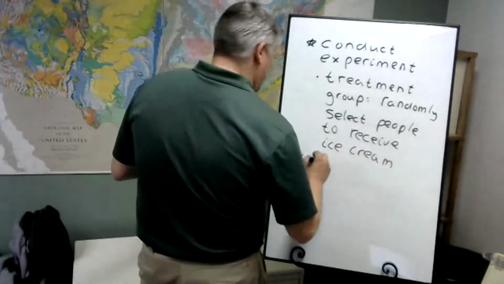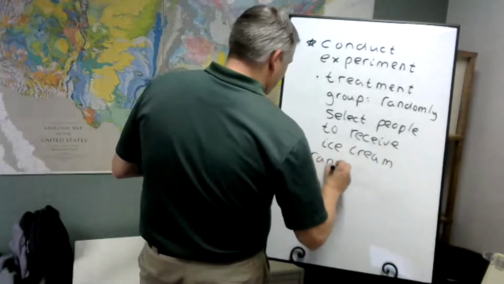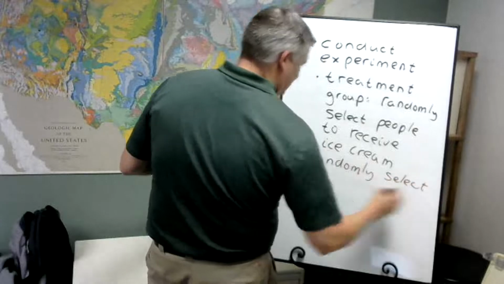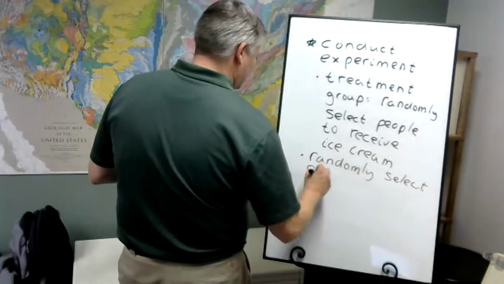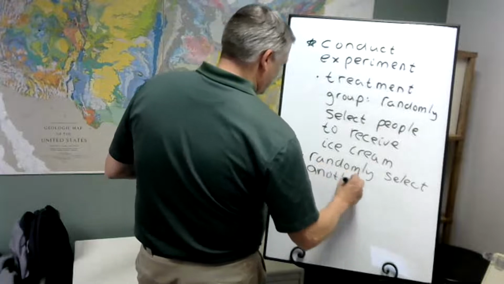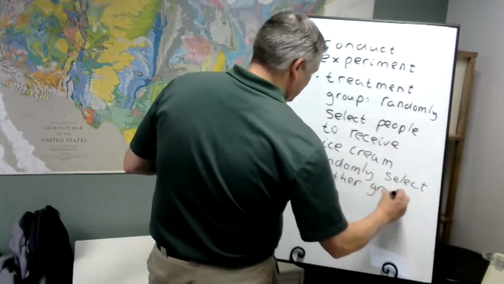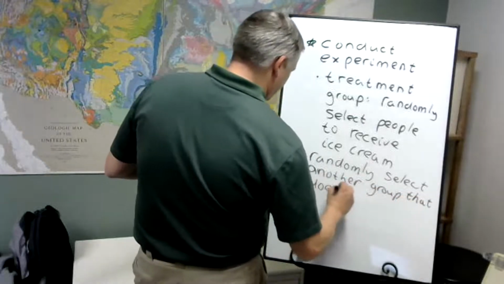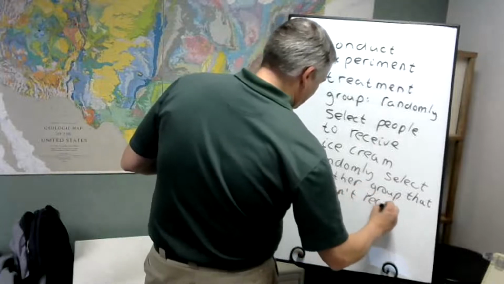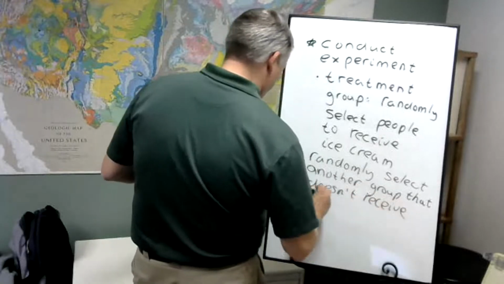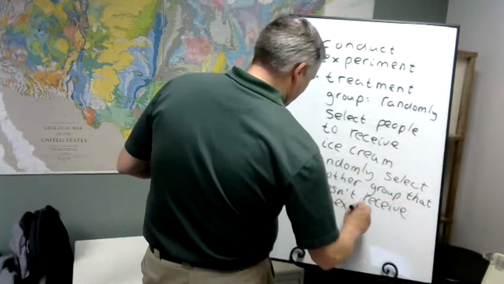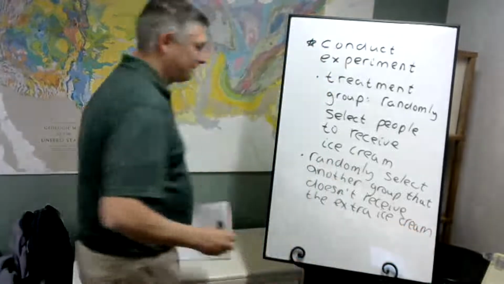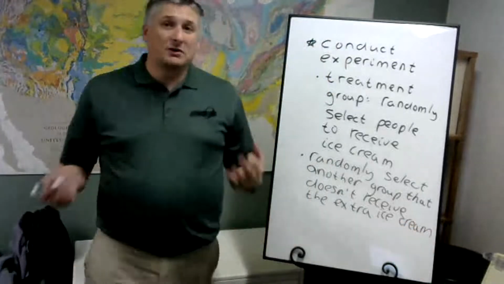We could just select another group randomly. And so we just watch the two groups.